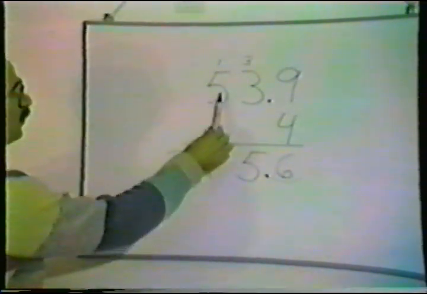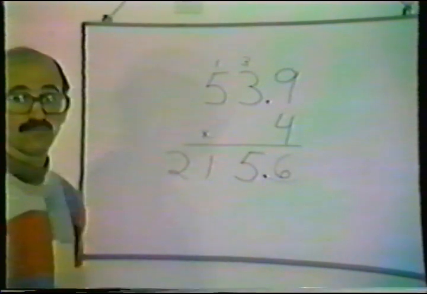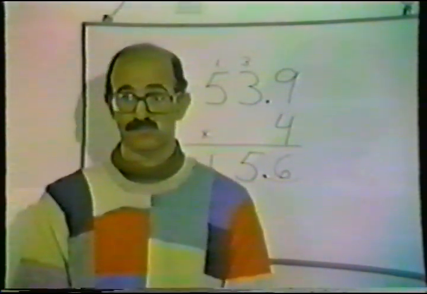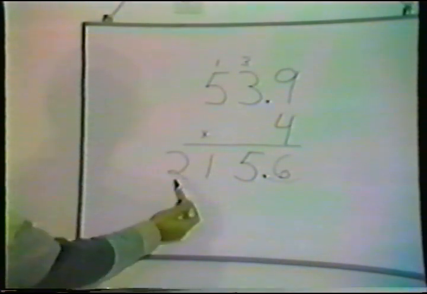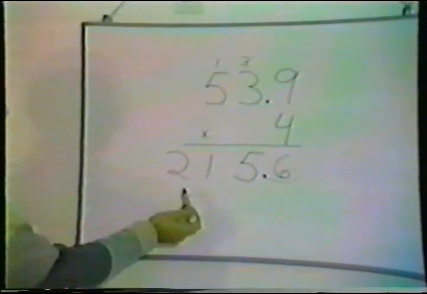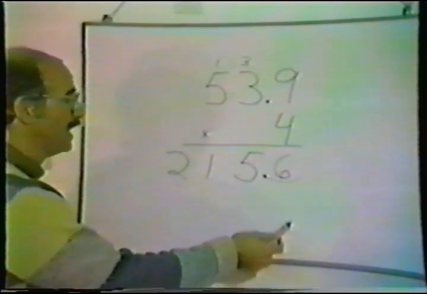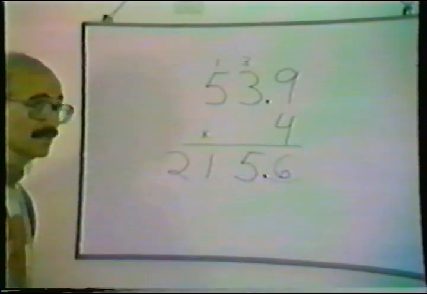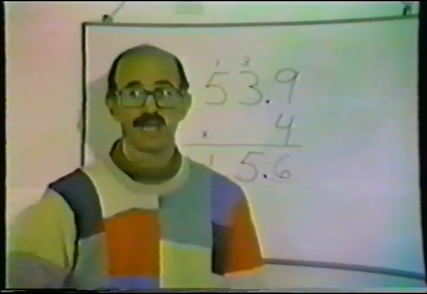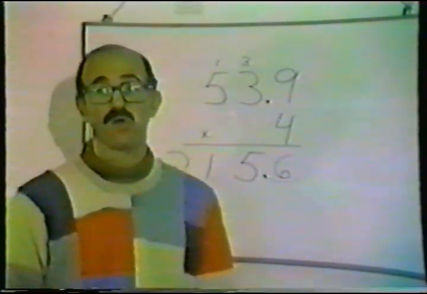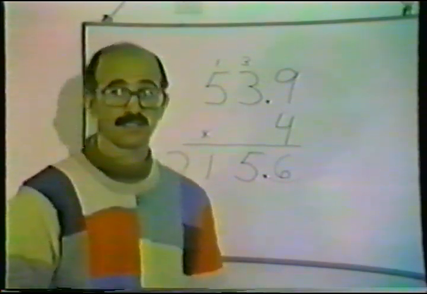And how much would 50 times 4 be? 200. Just 200. And our answer is in the 200 range. It's 215 and something because this number is a little bit larger than 50. But I just did that to show you that our answer makes sense.